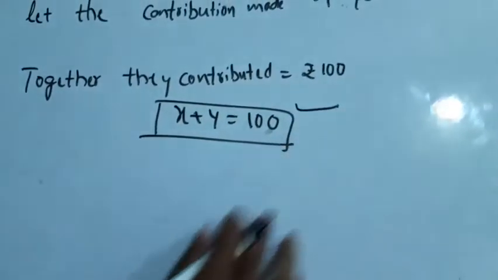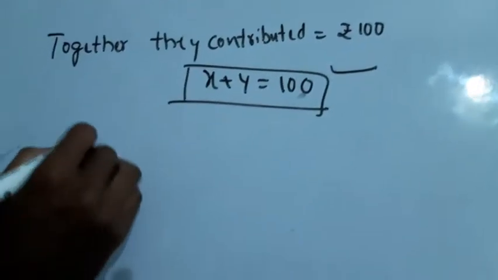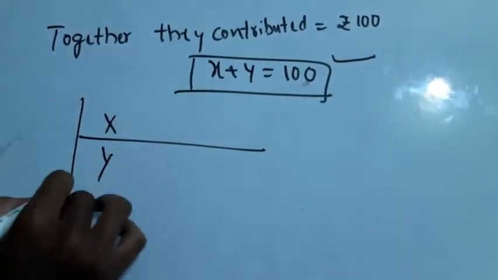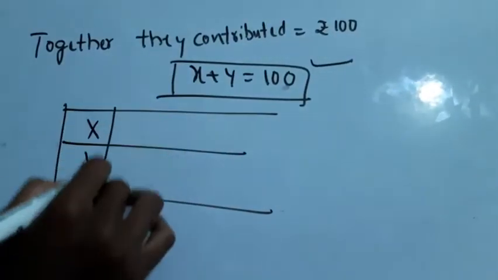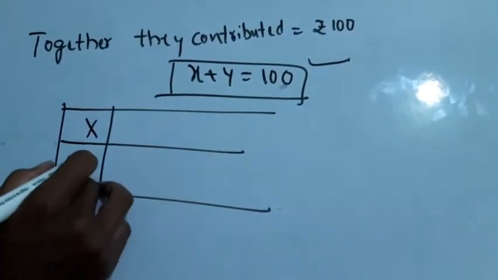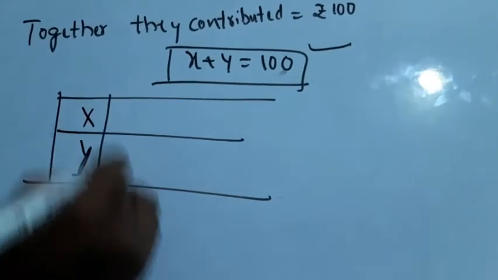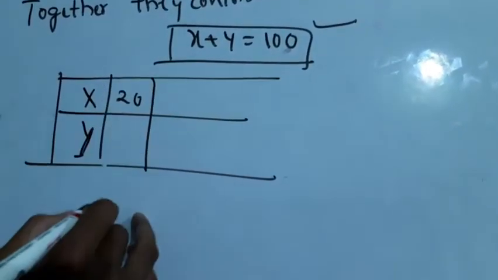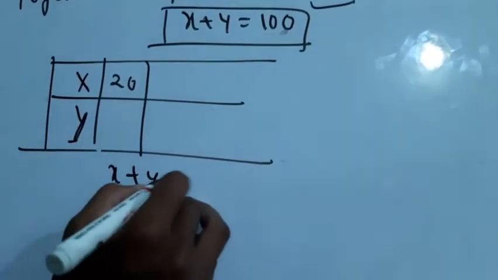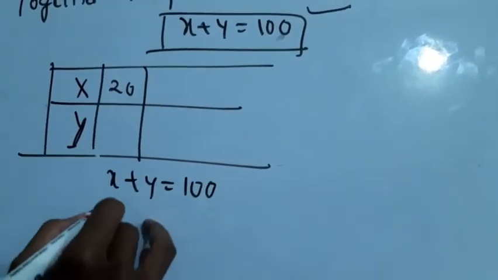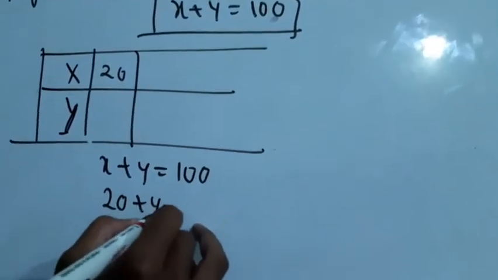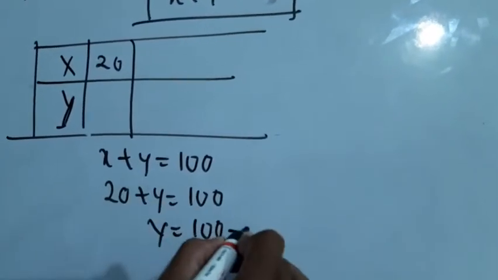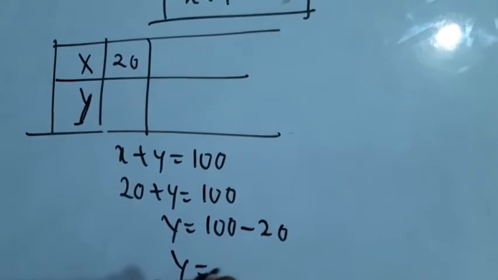For this we need to plot a graph. We need to define the coordinates for x, and then we can find the coordinate for y. When x is equal to 20, x plus y is equal to 100, so y is equal to 100 minus 20, y is equal to 80.